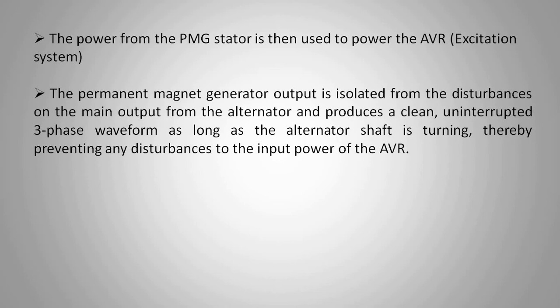But if we feed the automatic voltage regulator from the permanent magnet generator, it is independent of the main alternator, because the PMG will produce a clean and uninterrupted three-phase waveform as long as the shaft is rotating. Thereby it will prevent any disturbances to the input of the AVR. The AVR input supply may not be disturbed even though the alternator has some transients.